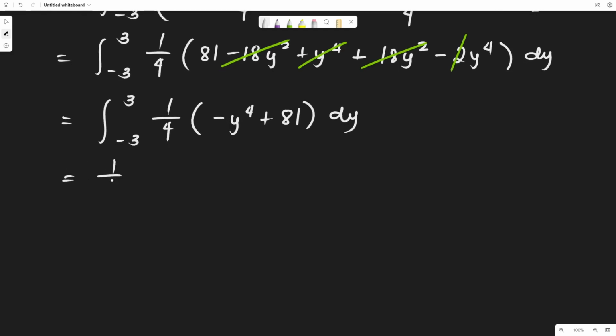So, we have 1/4 times the integral from negative 3 to positive 3, so, hindi ko na ilalagay, i-integrate ko na. So, 1/4 times negative y to the fifth over 5 plus 81y evaluated from negative 3 to positive 3.